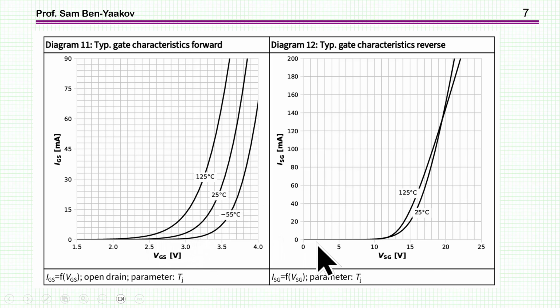And then this is the reverse part, minus 10 up to minus 10 volt, we have practically no current, and then we have a current starting up, so one has to be careful not to penetrate this region in continuous operation. For a pulse, we have seen that we can go up to 25 for a very short period of time.